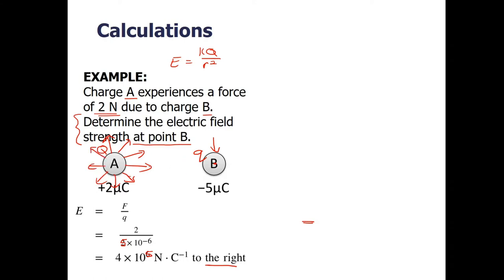Now, B is sitting directly to the right of A. Now, if I look from this point of view, this is the field direction. A is pointing to the right, and that's why my answer is to the right. If B was sitting on the other side of A, then my direction would be to the left.